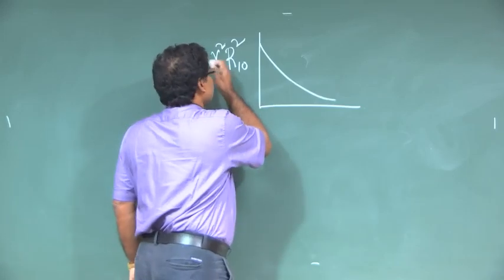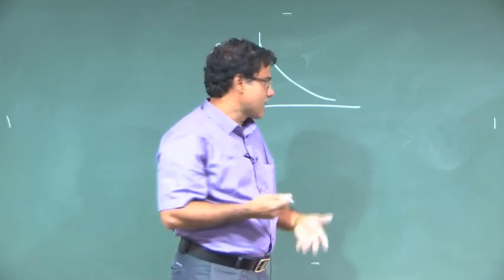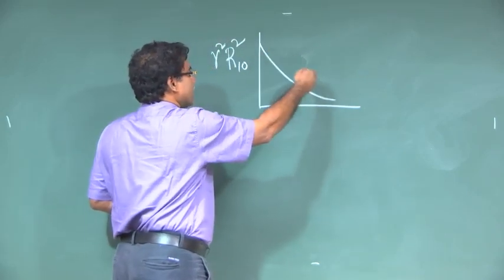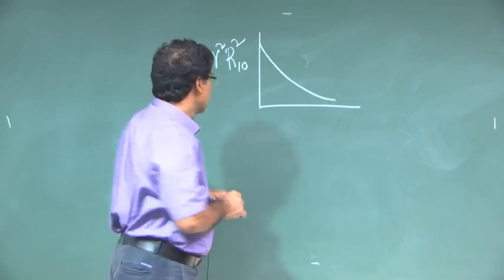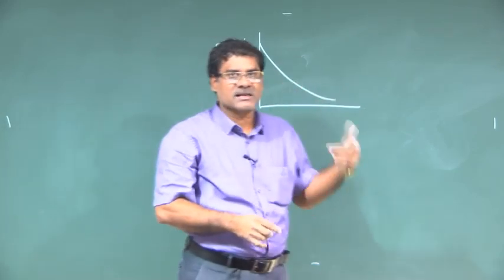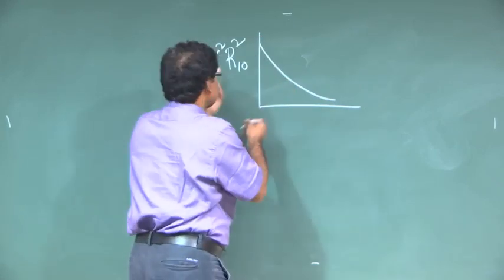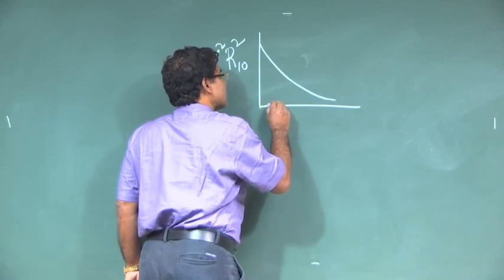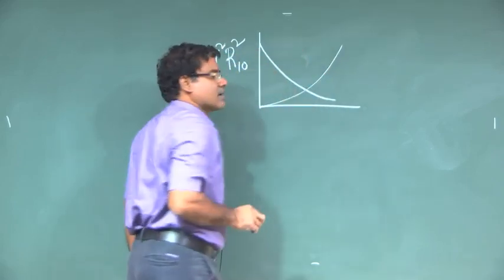So, if you take y equal to e to the power minus x, that is one part, and another part is y equal to r squared, or x squared. It is basically a parabolic function, like this.